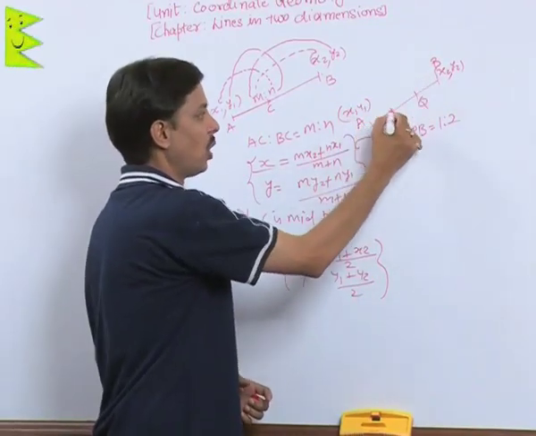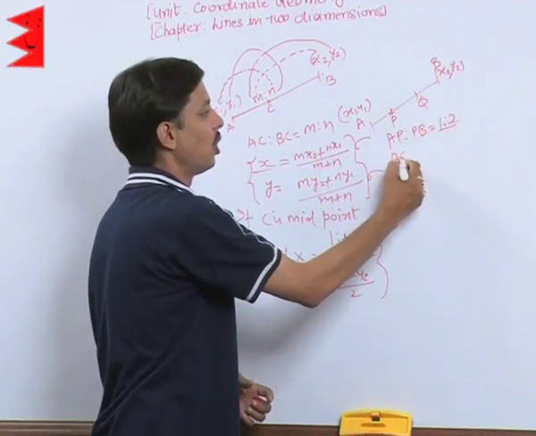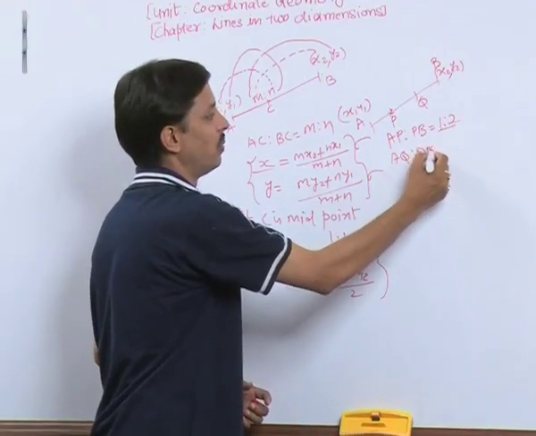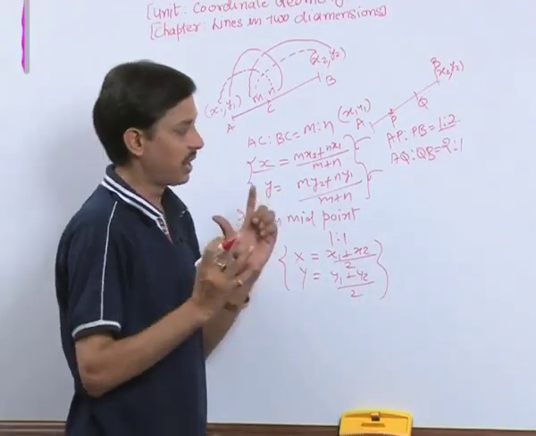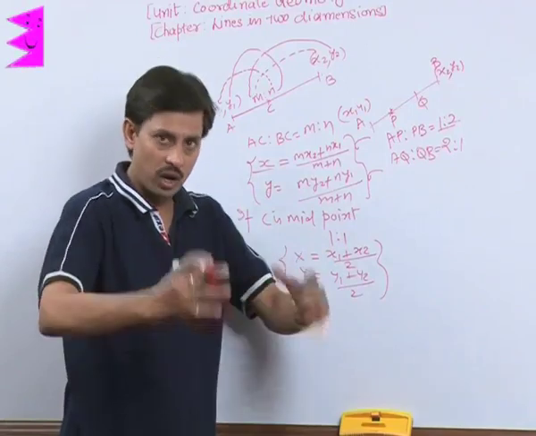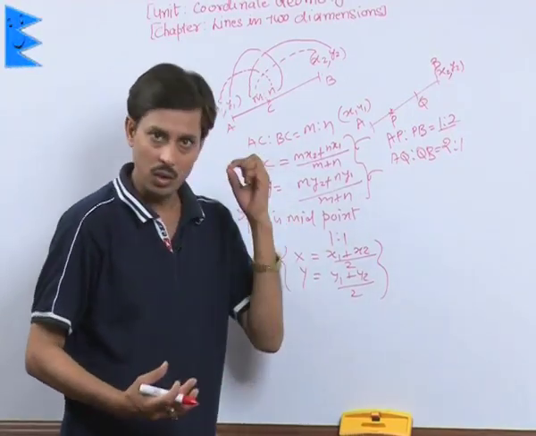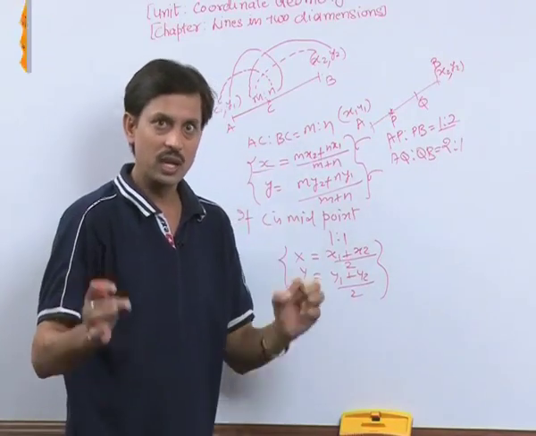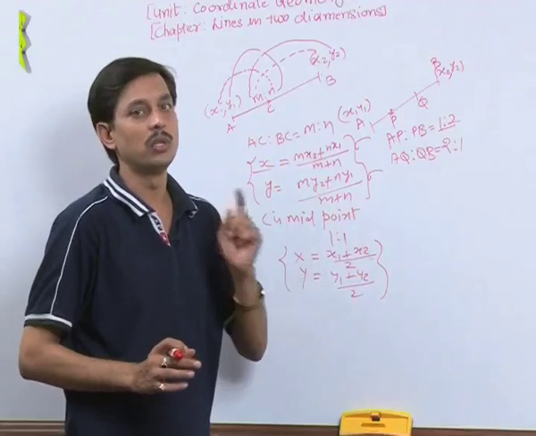So the ratio of AP is to PB is 1:2, and the ratio of AQ is to QB is 2:1. As and when trisection is given or required, we will find the coordinates of 2 points in the 2 ratios, that is 1:2 and 2:1.